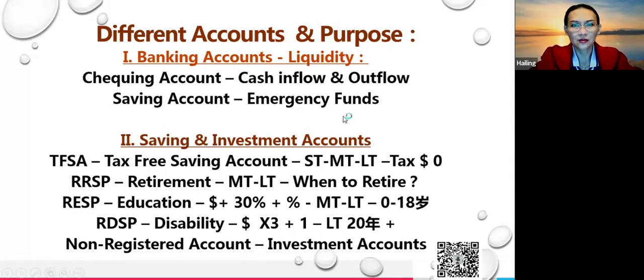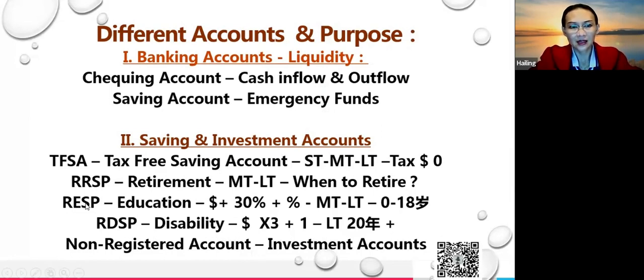Other than those two very liquid accounts in the bank, often you can open an investment account to save money for the future. So we talk about the tax-free savings account tonight, and we already shared with you the RSP last week.